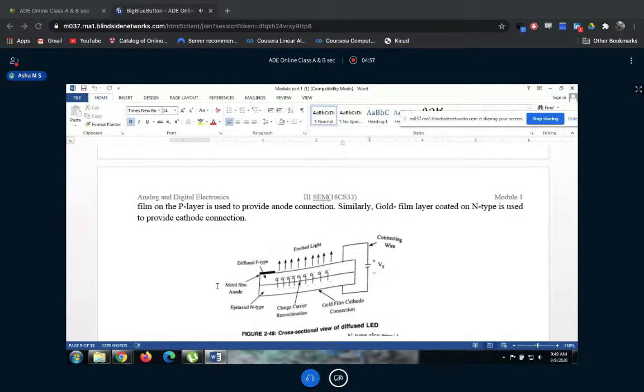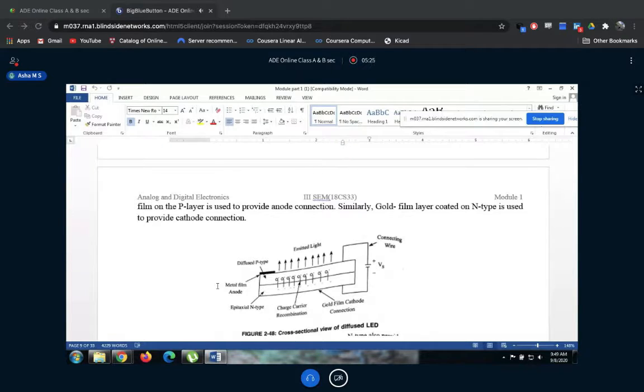Whenever the recombination of an electron and a hole takes place, some energy is liberated, correct? That energy is liberated in the form of heat or light. This is a very basic principle which you people already know. That energy cannot go anywhere else, right? So it will be converted into heat or light.